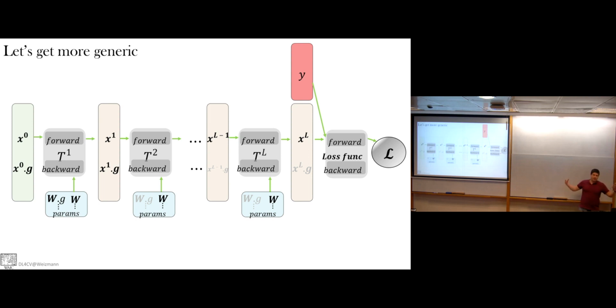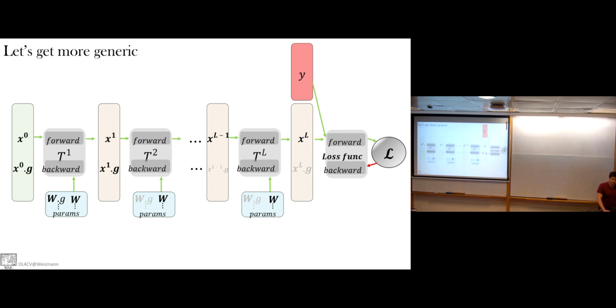Typically, if this was MSE, it's going to be twice the difference between x and y. But it can be anything as long as you define it. I go through the backward, and look at this. I have my first gradient with respect to the prediction, and I keep going.